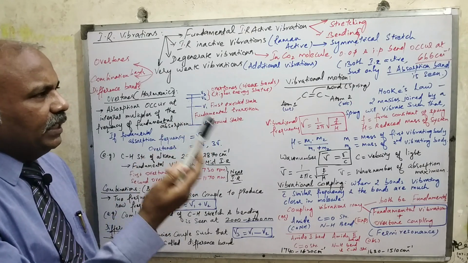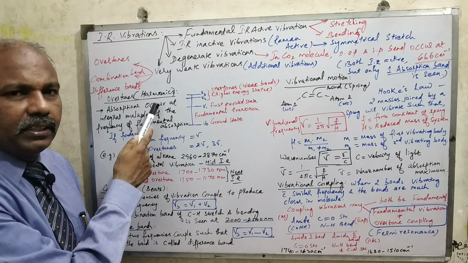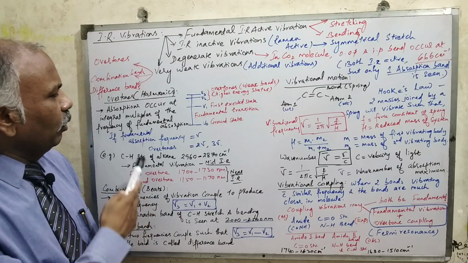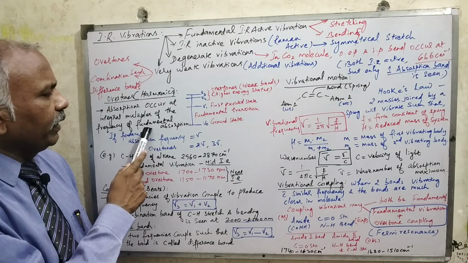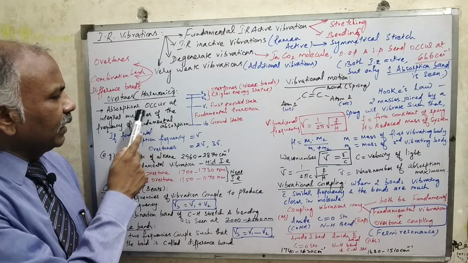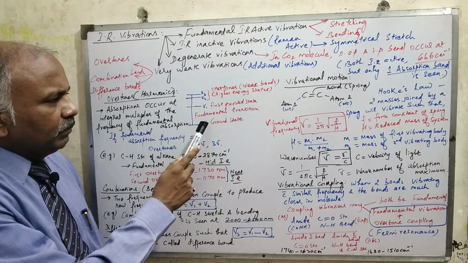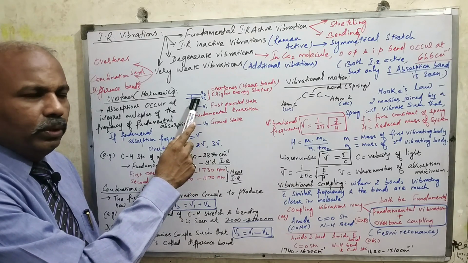Now we will discuss the various additional vibrations individually. The first important additional vibration is overtones. We call them harmonics. What are these harmonics? Absorptions occur at integral multiples of the frequency of fundamental absorption. Suppose the fundamental vibration is nu, the additional vibration comes as 2 nu or 3 nu.